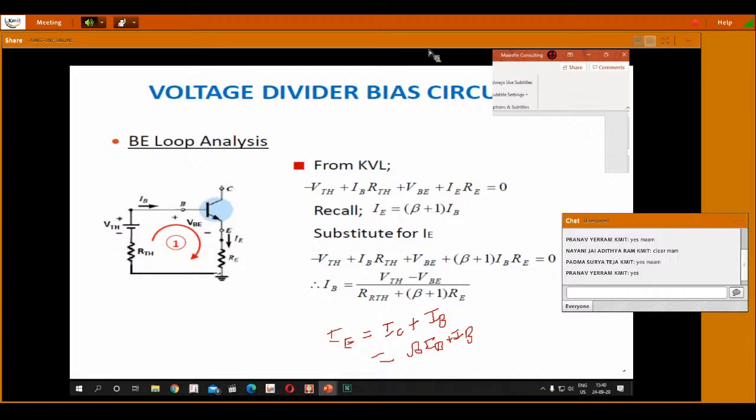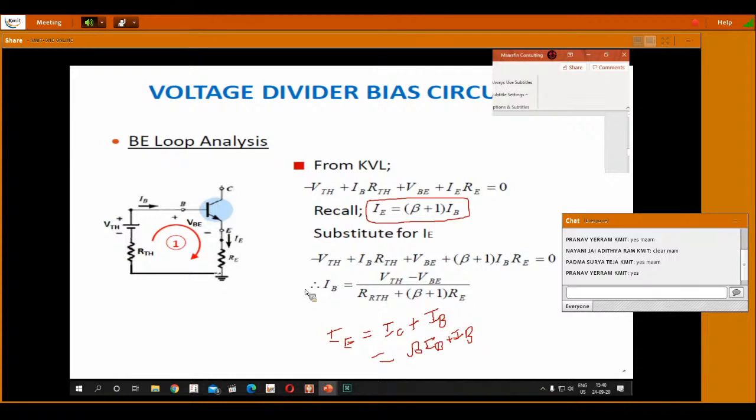Hence, IE is equal to beta plus 1 times IB. Now, substituting IE, we obtain IB is equal to VTH minus VBE divided by RTH plus beta plus 1 into RE.